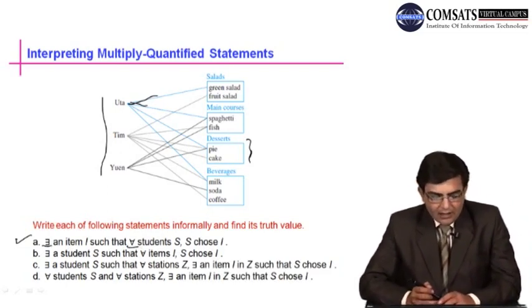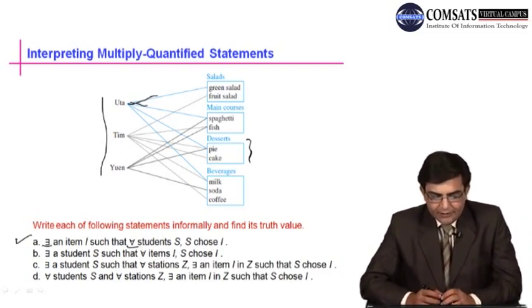In part A, we have to write the statement informally in a simple sentence form, and calculate its truth value. The first statement is: there exists an item I such that for all students S, S chooses I. What does it mean?